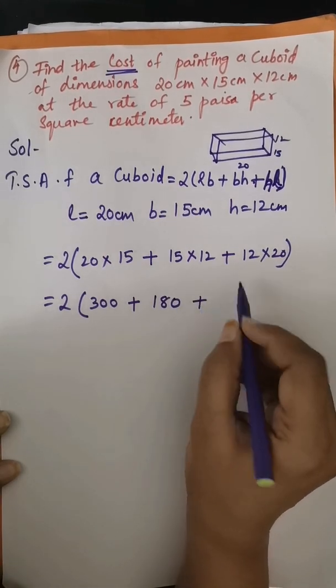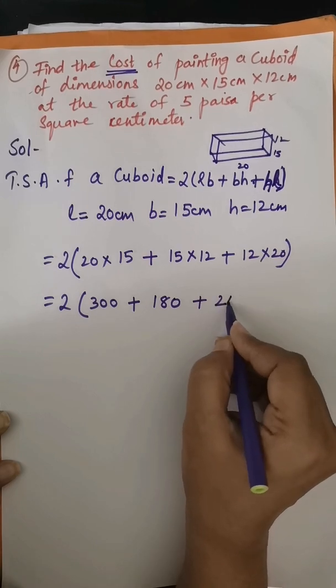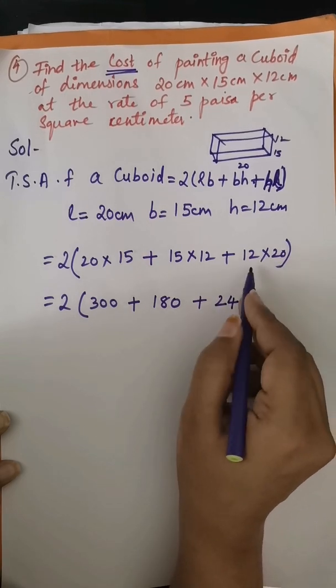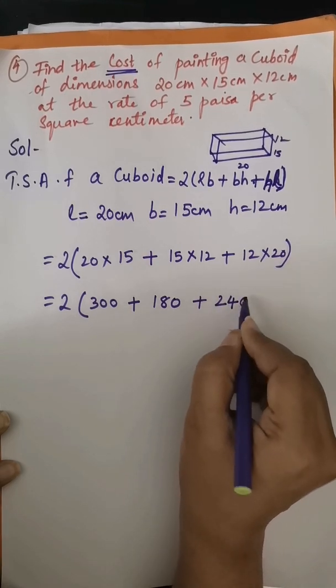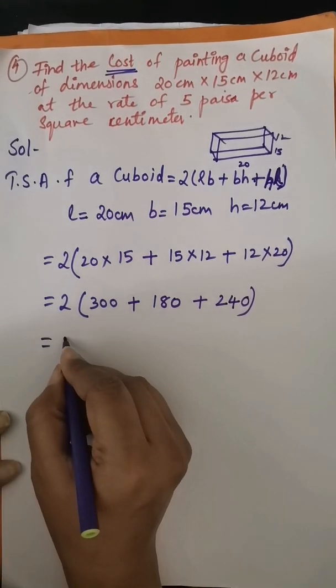Then 12 2s are 24 with 1 zero, which is 240.